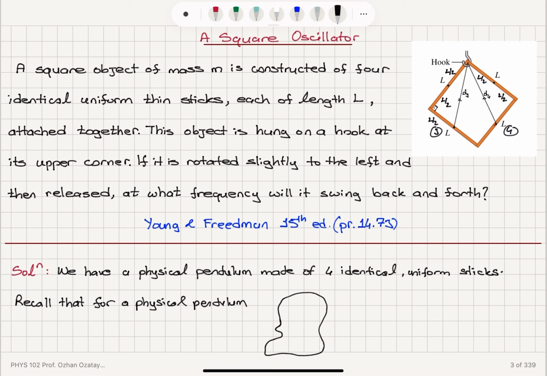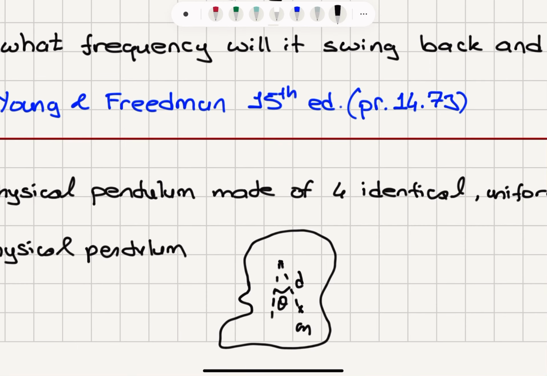And if this is our pivot point here and the center of mass is located at a distance d from the pivot point, and it has been rotated through an angle theta, we will have the weight of this object, if it has mass capital M, appearing at the center of mass as mg.